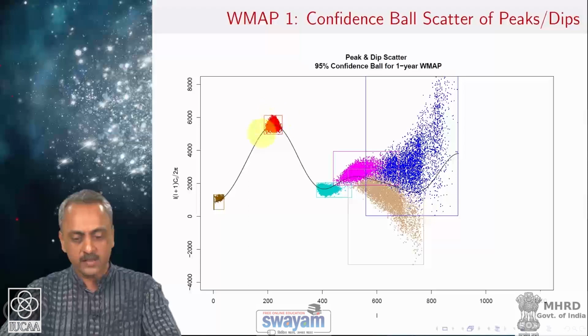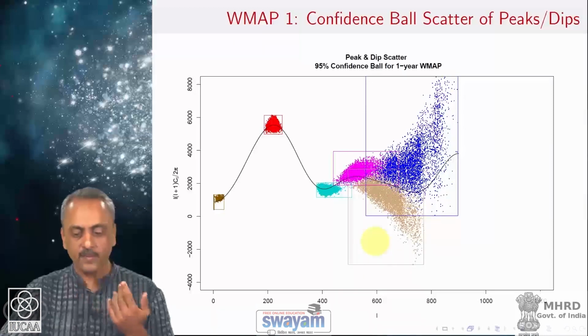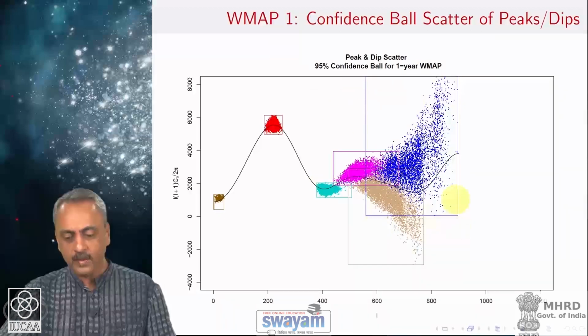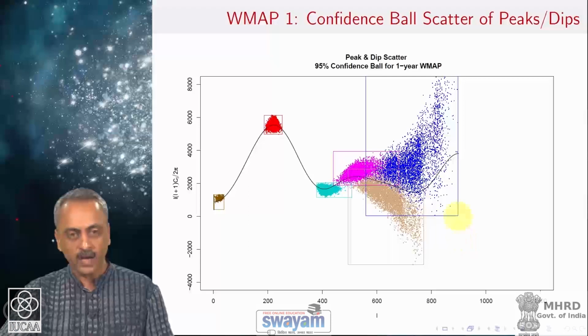The first peak is very well determined, the second peak not so well determined, the third peak not so well determined at the first year WMAP data, and especially on the last peak the uncertainty is very high.